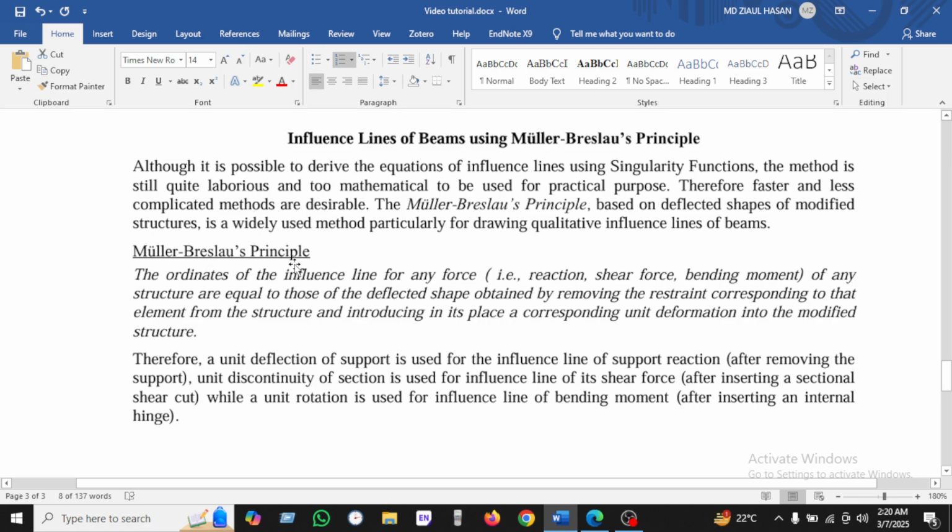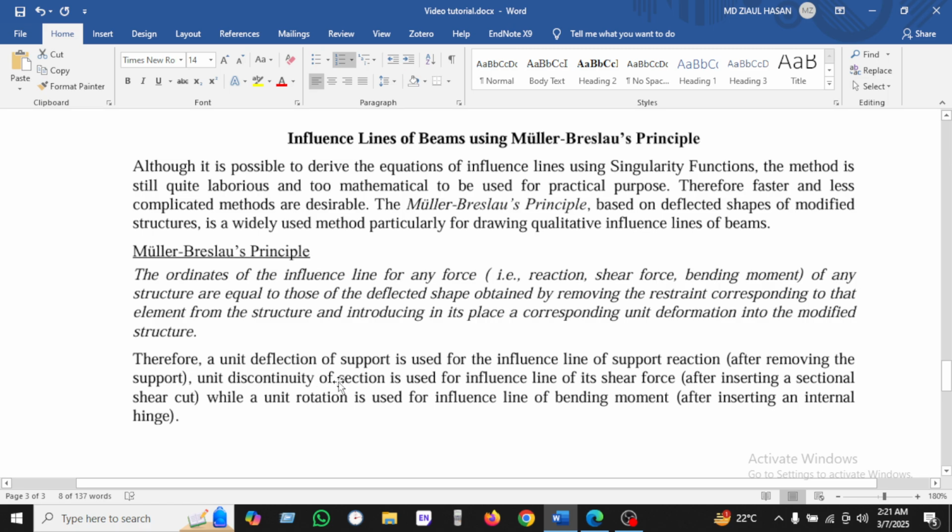So let's see what the Müller-Breslau principle is. The ordinate of the influence line of any point, it could be reaction, shear, bending moment of any structure, is equal to the deflected shape obtained by removing the restraint corresponding to that element from the structure and introducing in its place the corresponding unit deformation into the modified structure.